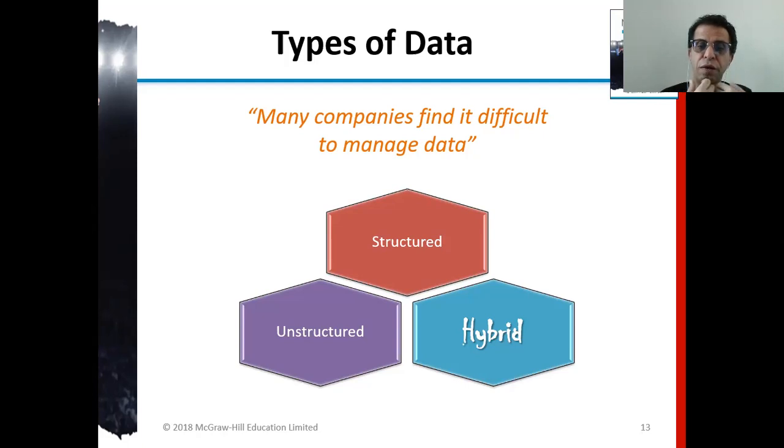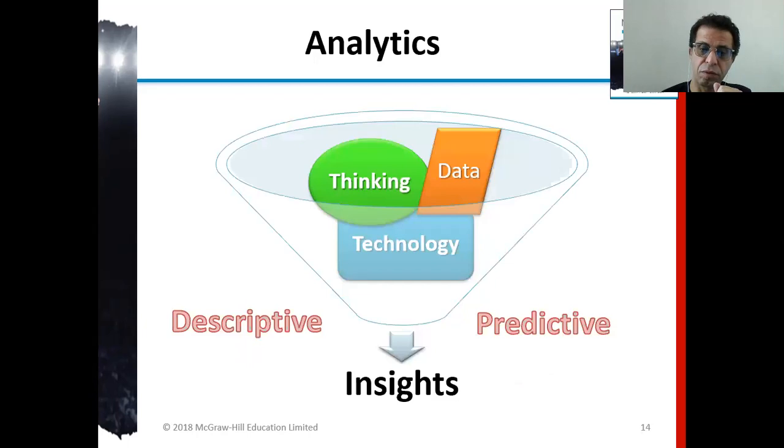Many companies find it difficult to manage data because some of it is structured, some unstructured, and some hybrid, which is there but not visible in your research until you need it. So you have a whole range of data: structured, unstructured, and hybrid.